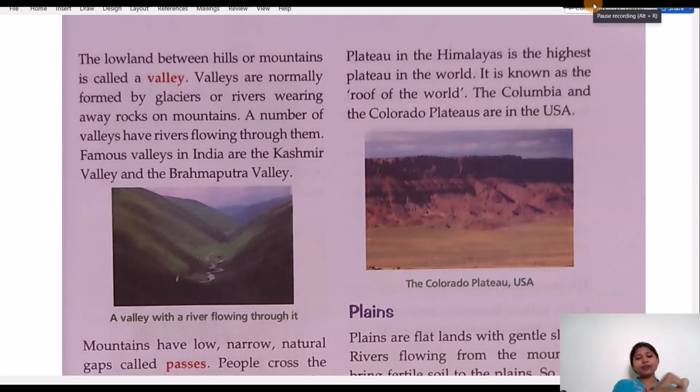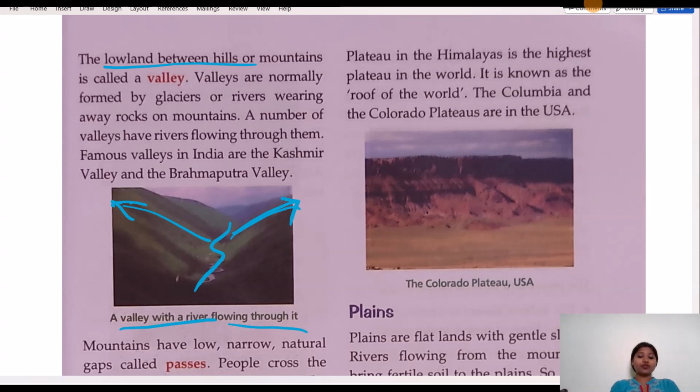See children, in page number 3, the lowland between the hills or mountains is called a valley. If you see in this picture, here are two hilly areas, right? In the middle you can see the river. So this type of structure is a valley with a river flowing through it.